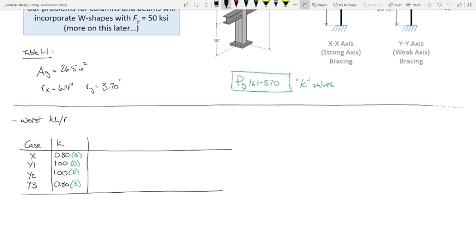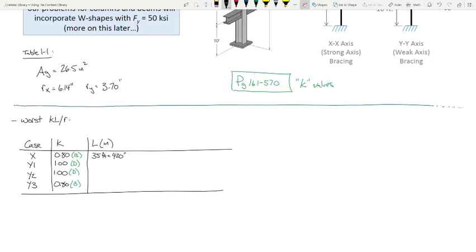Now I'm going to write the length. What am I ultimately going to have to do to that length? I'm going to have to convert it to inches. For the x-axis, how long is that unbraced length? It was 35 feet. So what's 35 times 12? 420 inches.